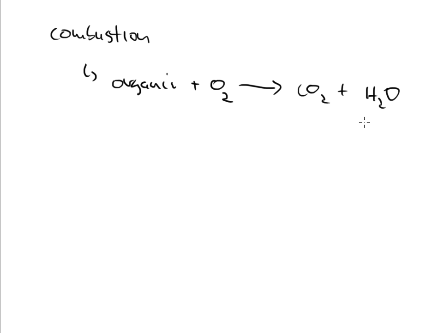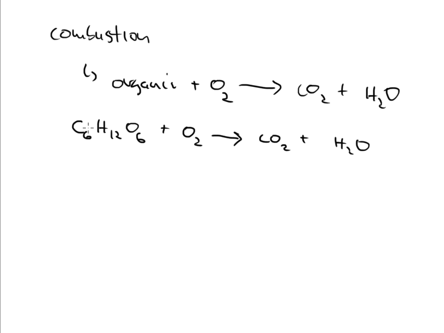Now, the organic molecules, it can be a number of different things, all right, as long as it's classified as organic. So, for instance, C6H12O6. I talked about that a few slides back, right? So this is glucose. I can take glucose and add oxygen to it, and I can make CO2 and H2O.